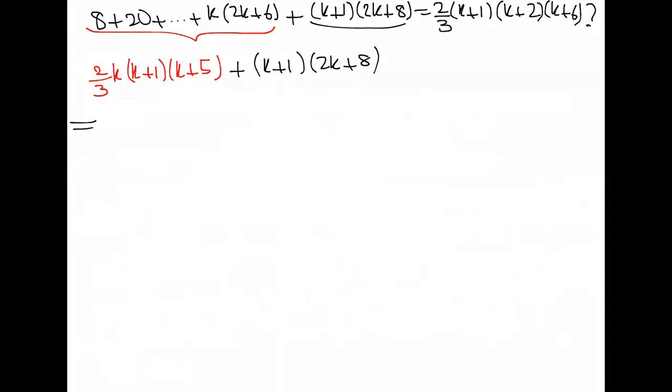Now, if we look here, I have a k plus 1 and a k plus 1, which is a common factor, and I have a k plus 1 here in the statement I want to reach. I also notice that I have a 2/3 on the first side, but I do not have a 2/3 in the other term.